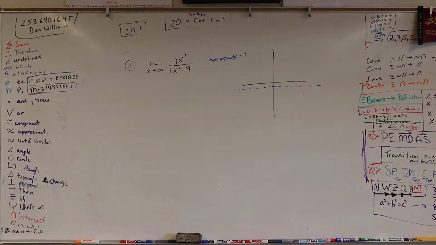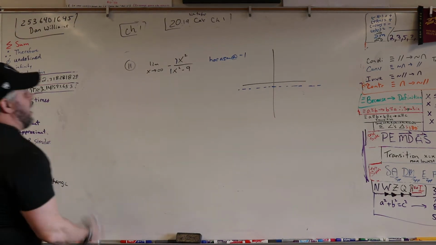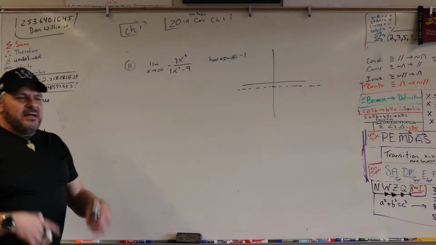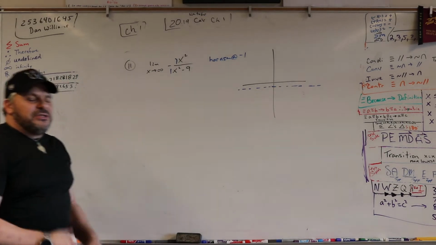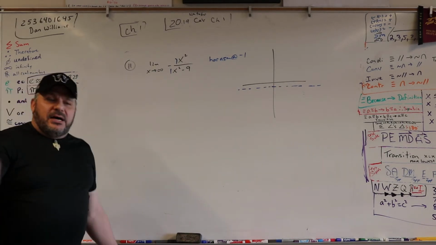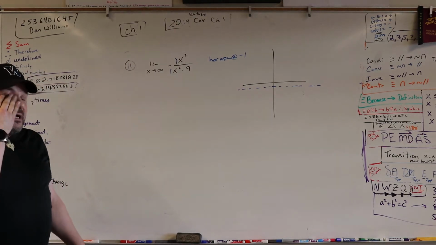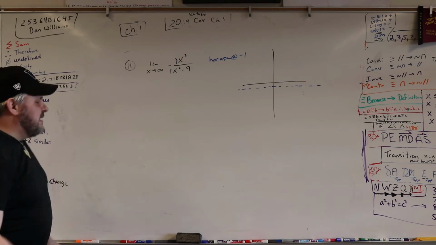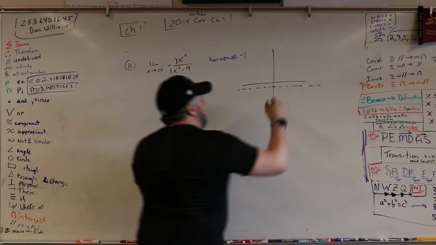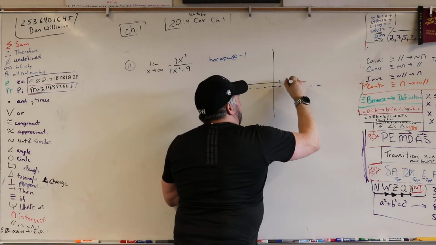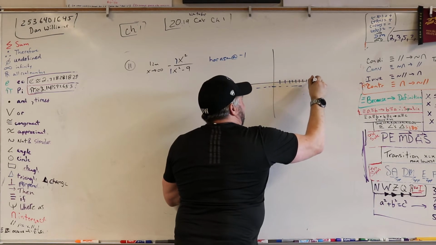As we go to infinity, the last problem we chose 10 and 100, right? So if we chose 10 and 100 again, let's do that, but I'm going to also take us up a notch. So here's 10, 20, 30, 40, 50, 60, 70, 80, 90, 100.